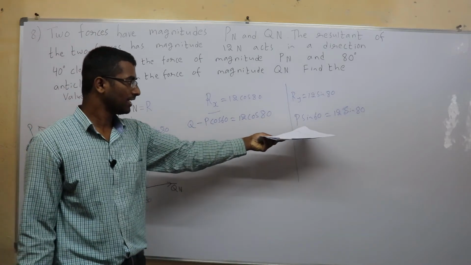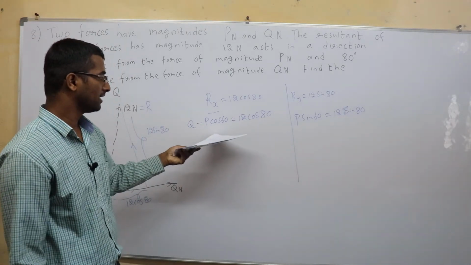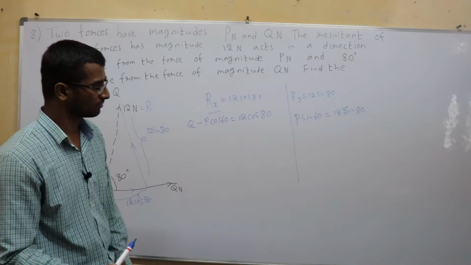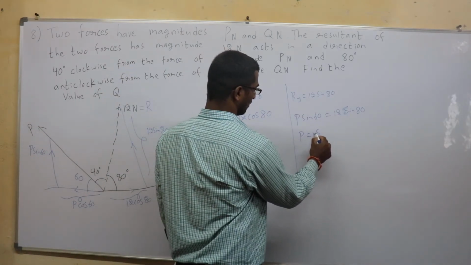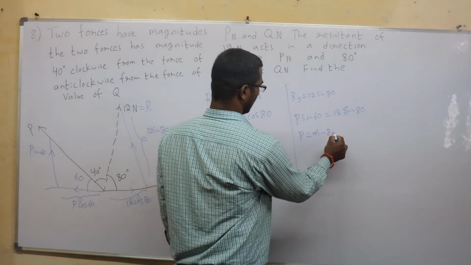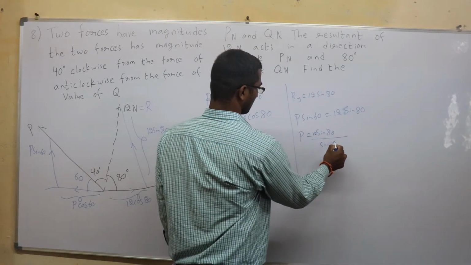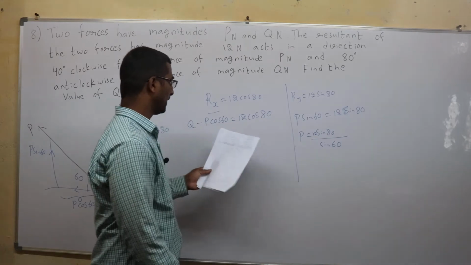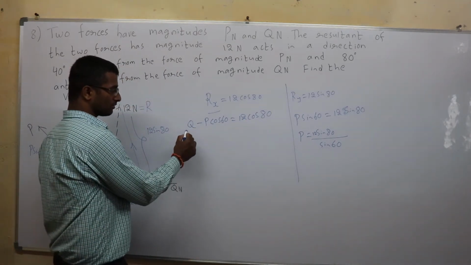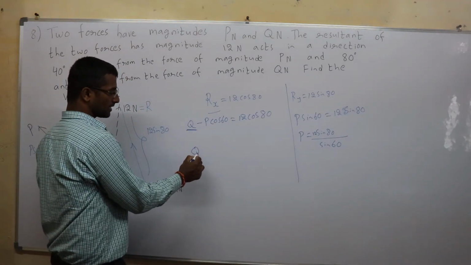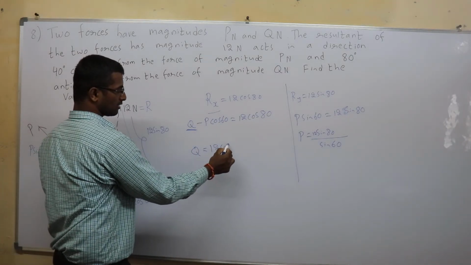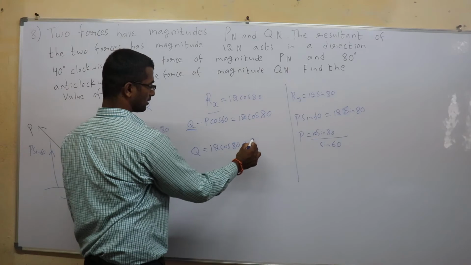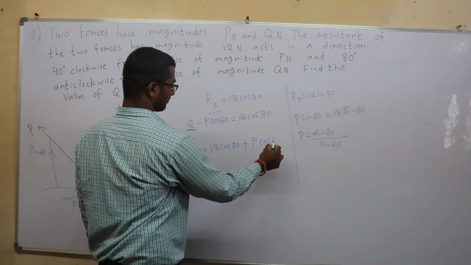Next step, you need to find out Q. So from here I will get P, and I will place it here to get Q. So P will become how much over here? 12 times sin 80 by sin 60. Place it here. You need Q, so this should be the subject. Send this to the other side. So it is 12 cos 80 plus P cos 60.